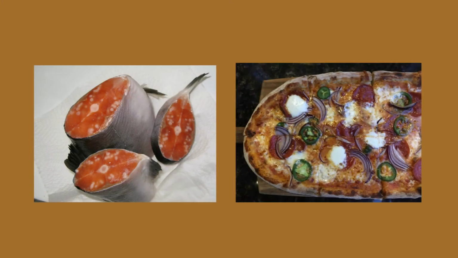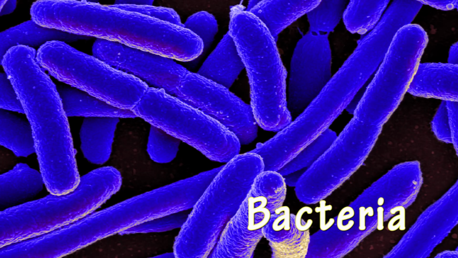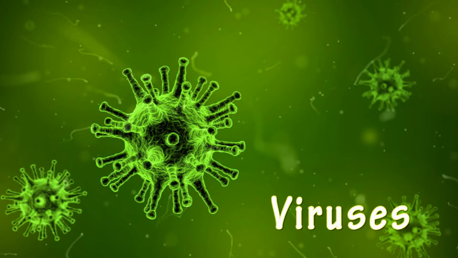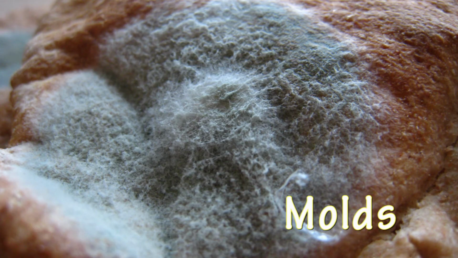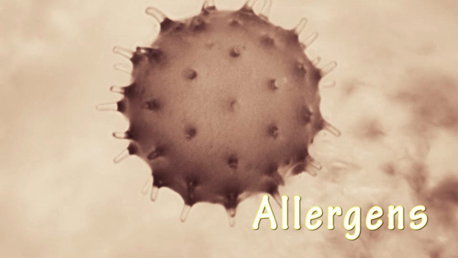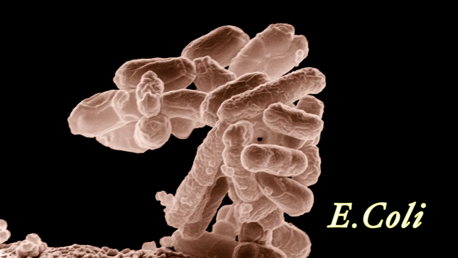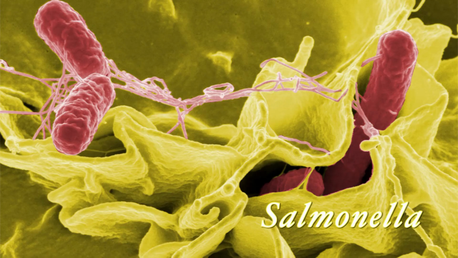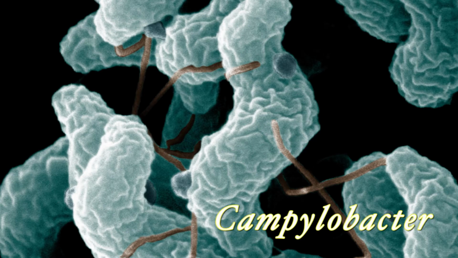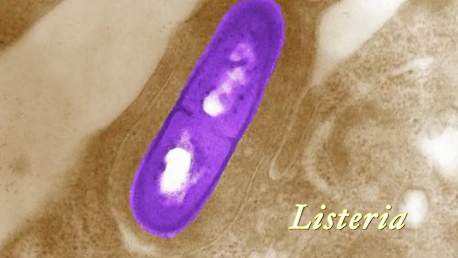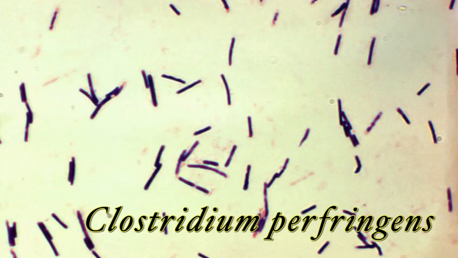There are a number of microbes that thrive on the food that we consume, and they are bacteria, viruses, molds, and allergens. They range from well-known E. coli and Salmonella to the lesser known Campylobacter, Toxoplasma, Listeria, and C. perfringens.